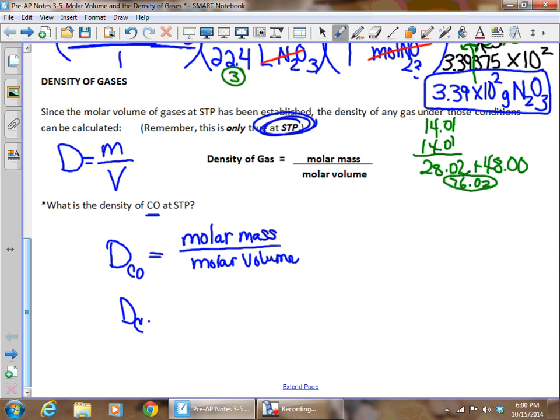So if I look up the molar mass of carbon monoxide, I've got 12.01 for carbon, 16 for oxygen, and when I add them together, I get 28.01 grams per mole. Molar volume is a constant at STP, so for every gas, for every problem we do, this bottom value is always going to be 22.4 liters per mole.